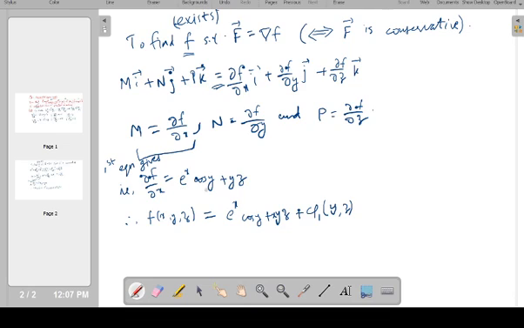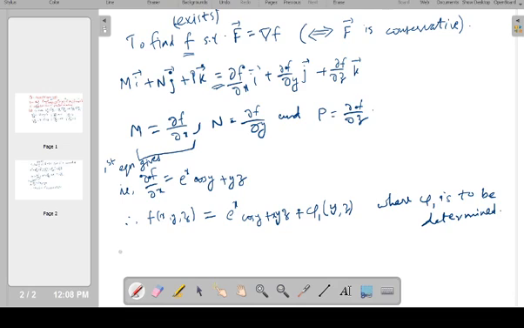So the constant of integration will be independent of the variable of integration, where phi1 is the constant of integration depending on y and z, which has to be determined. This is what you get from the first equation.